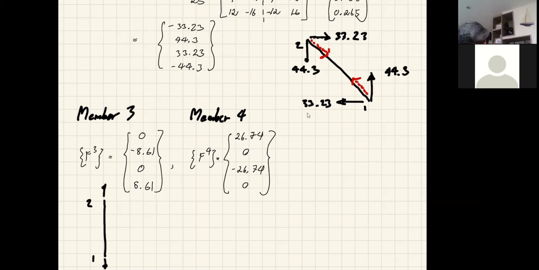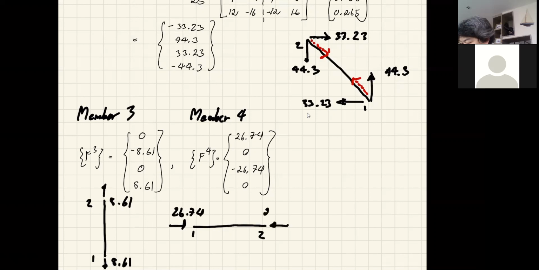I think we have the common orientation 1, 2 like this. It is 1, 2. This is positive, so 26.74. This is negative, 26.74. So this is a compression member.